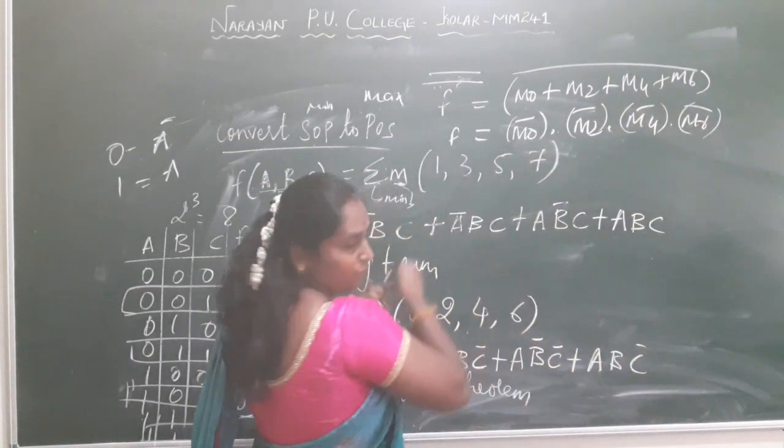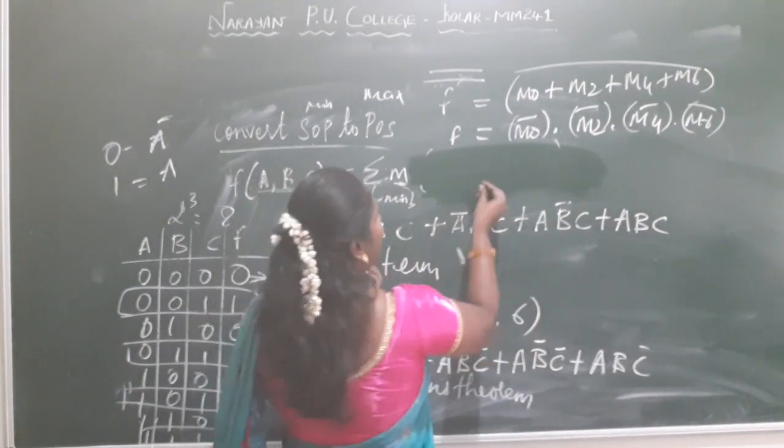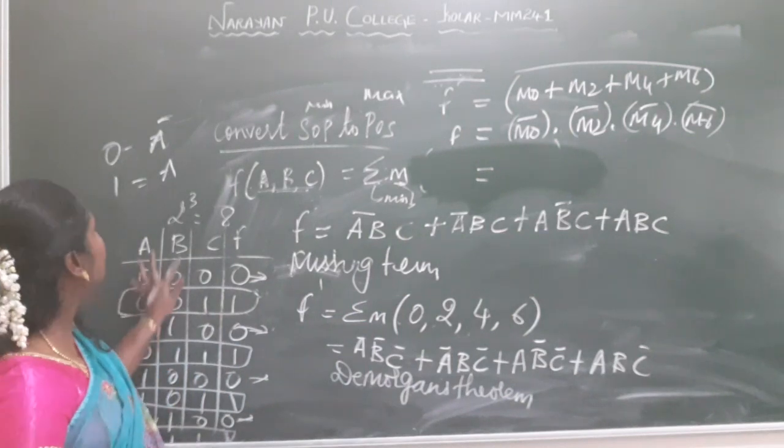Take the value of each term. What's my M0 here? It is A bar B bar C bar.